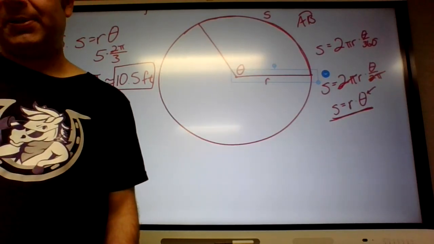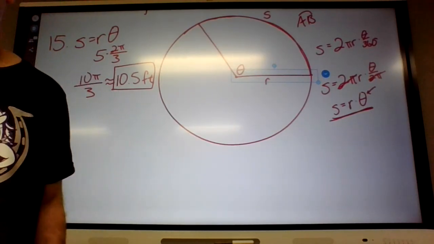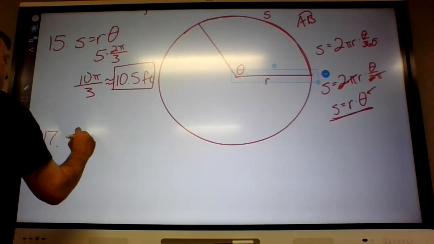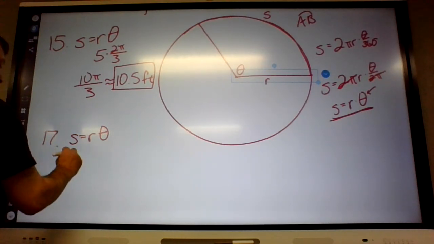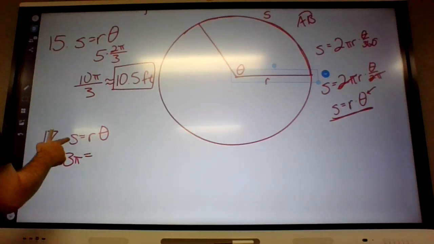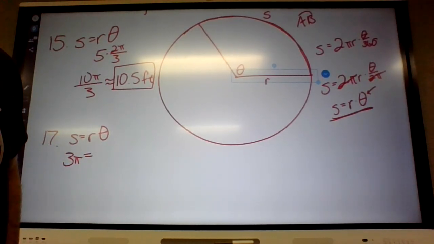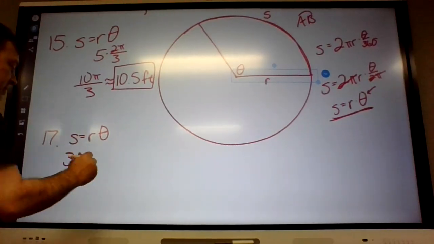All right, number 17. This time we know theta and s, the arc length, but we don't know the radius. So s is 3 pi, theta is 6 pi over 7.